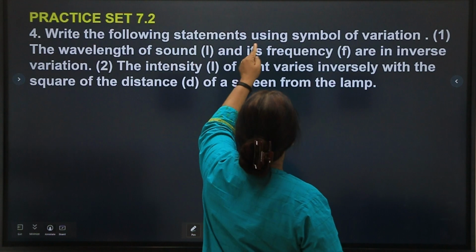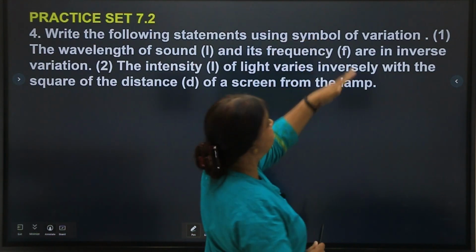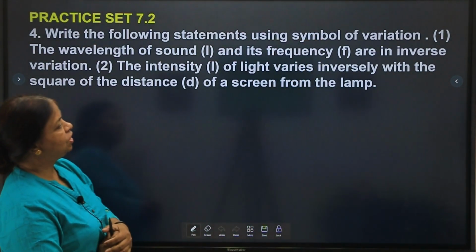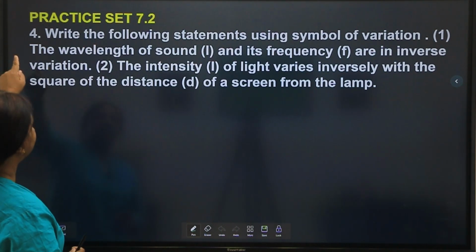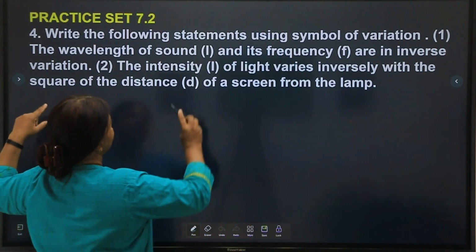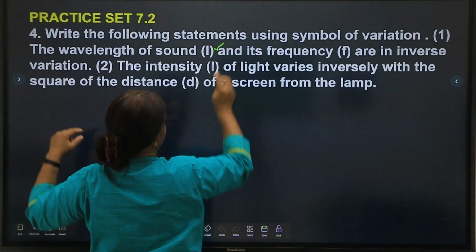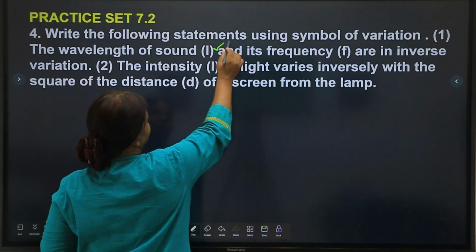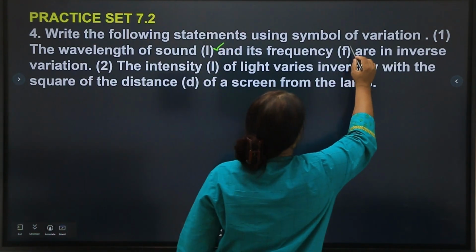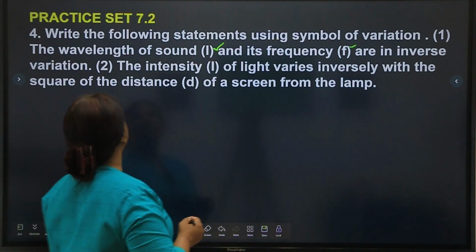Write the following statements using the symbol of variation. We need to write down these statements using the symbol of variation. First one: the wavelength of sound is L and its frequency is F. They are in inverse variation.